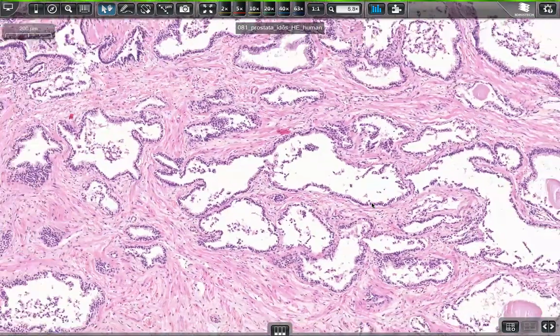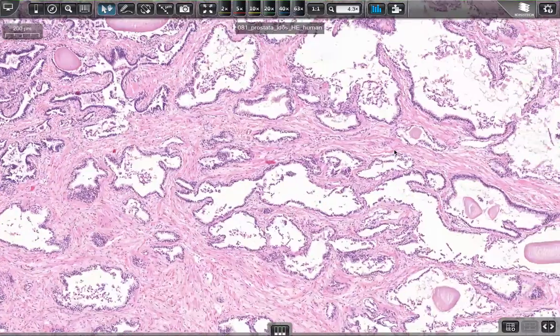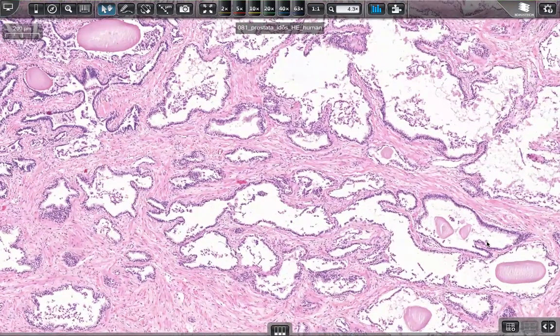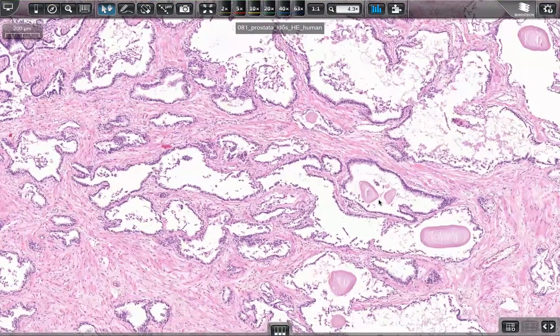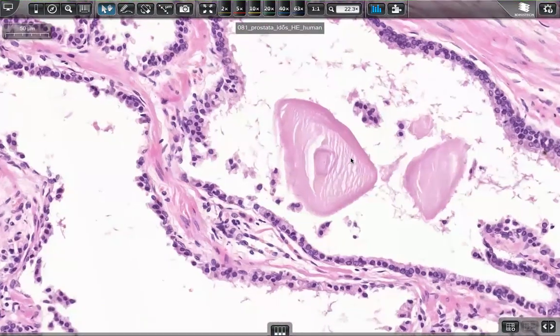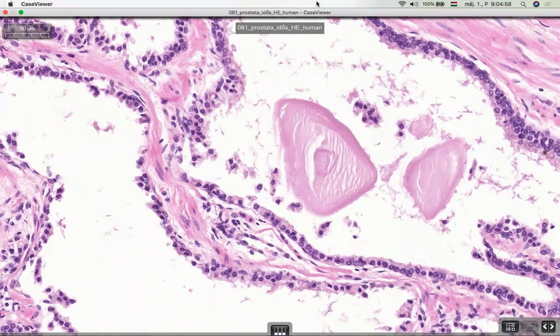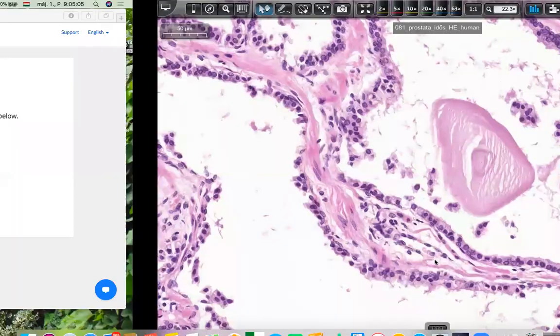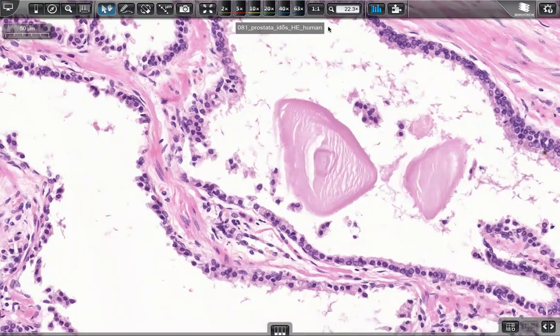And there is another thing. In the lumens, we can find these kind of precipitated materials. These look firm, some things called amyloid bodies. So amyloid bodies, also called corpora amylacea.